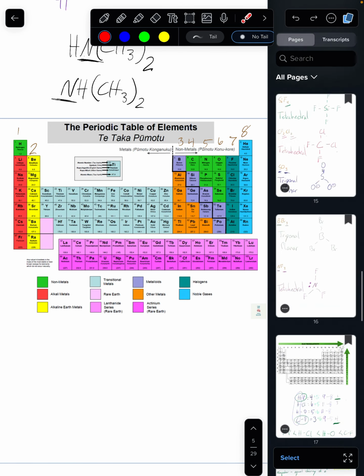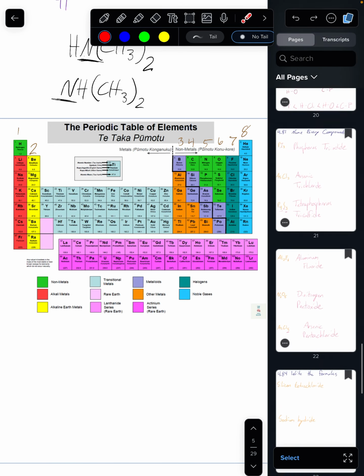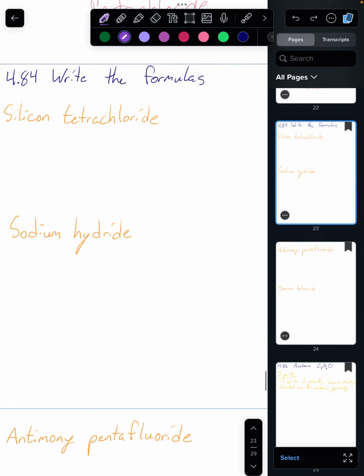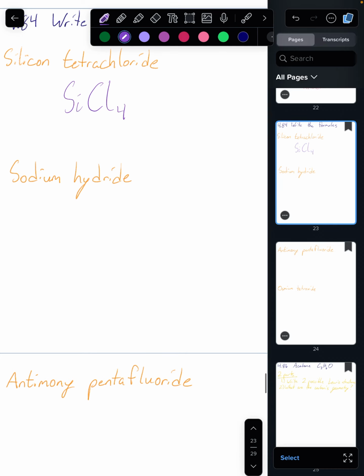Here it is, silicon. So Si. Okay? So we know it's going to be Si. And then we have our chloride. So we know it's chlorine. And we have tetra. So it's going to be 4. Okay?